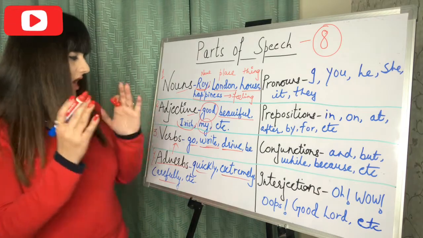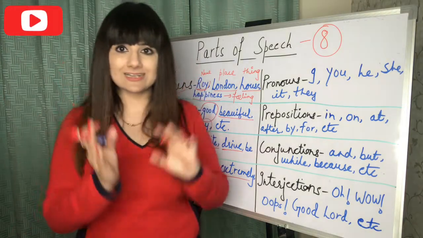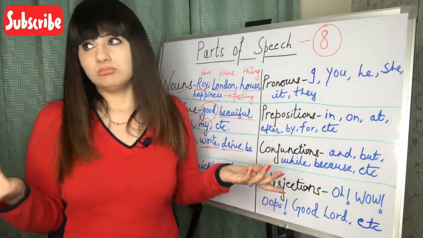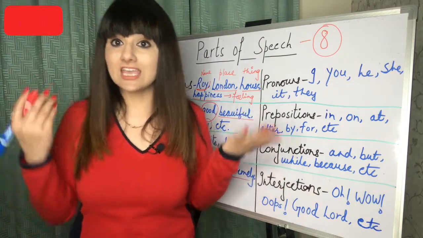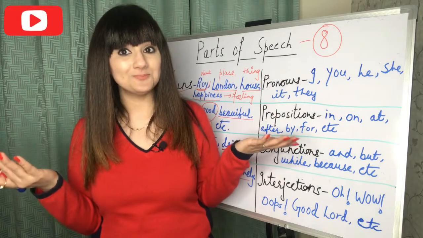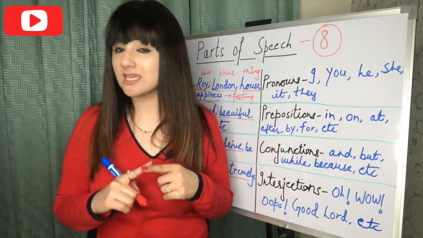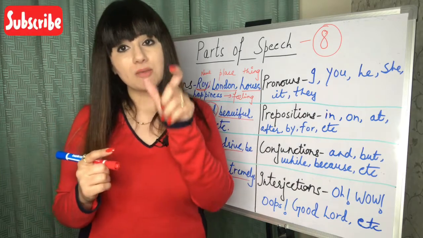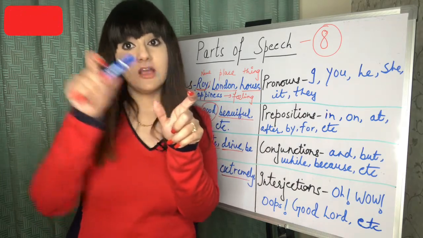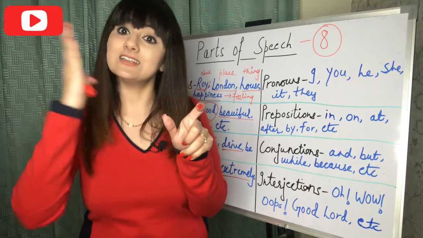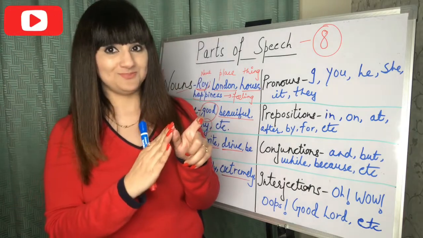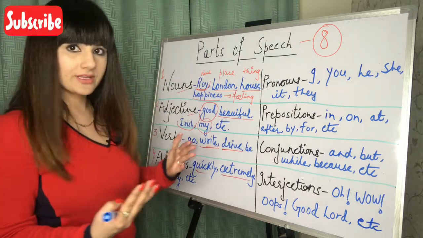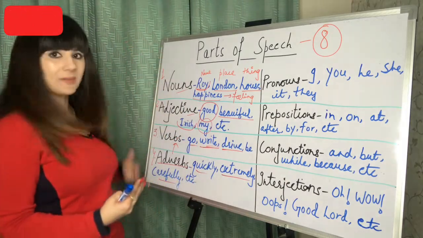So when you are describing your verb, I can speak English fluently. What am I doing here? Speak is my verb, and fluently describes my verb. Okay. So let me reiterate these four parts once again.